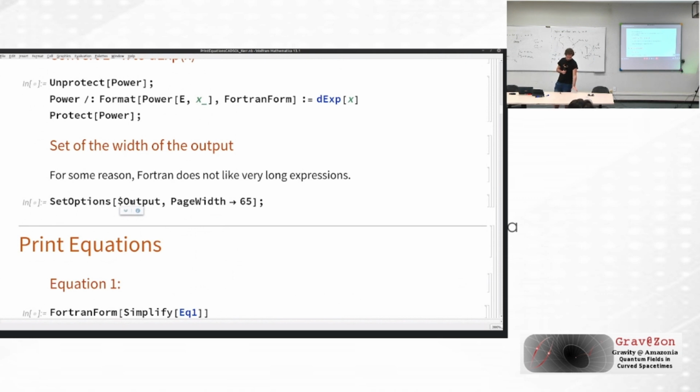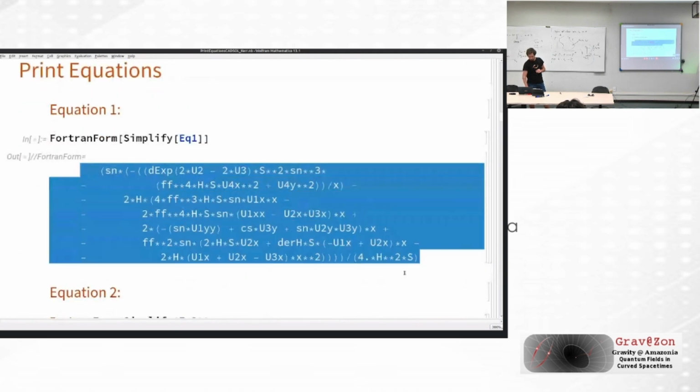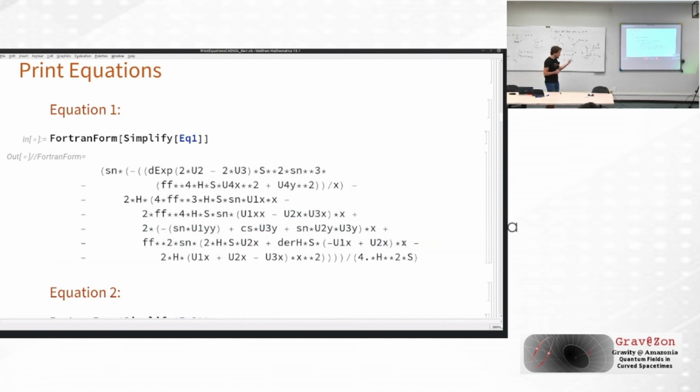The equations cannot go above a limit. To impose that, you say that your page for the output will have some fixed width, so that when you print everything, instead of having a very long line, you have some line breaks in the middle. That's just because, well, it's Fortran. I think the new versions of Fortran don't have this problem, but since the solver is a bit older, you also have to be careful with this.